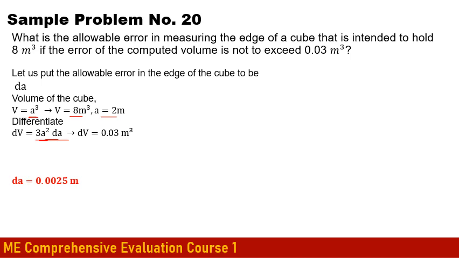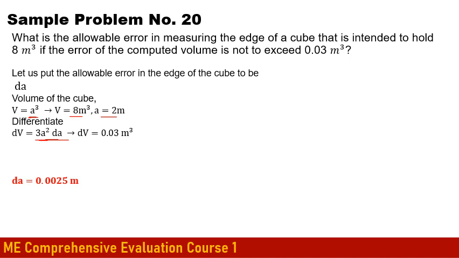It's the allowable error in the edge of the cube. So our dV is equal to 3a squared dA. Our a is equal to 2 meters, and our dA is not yet known.